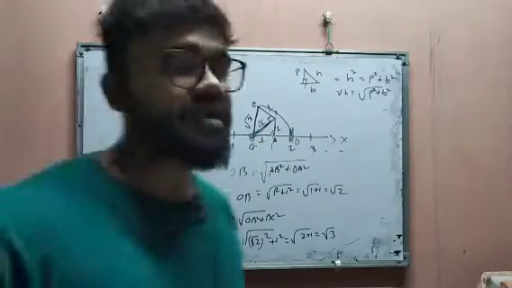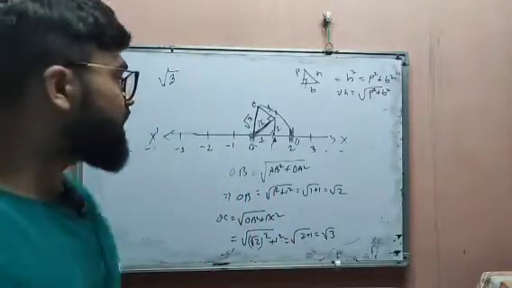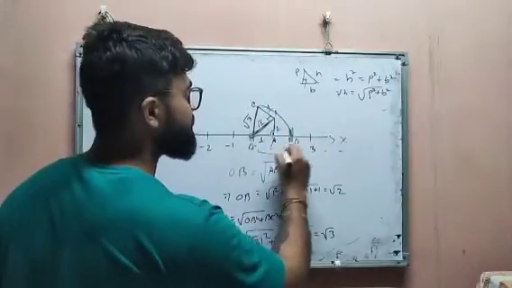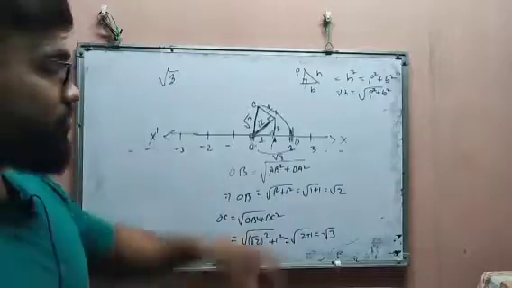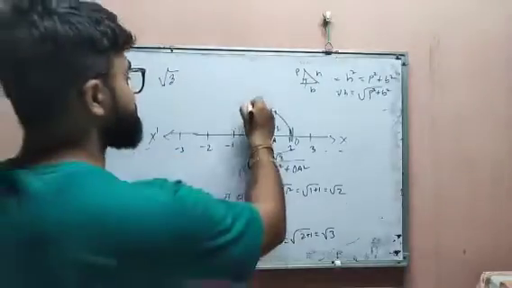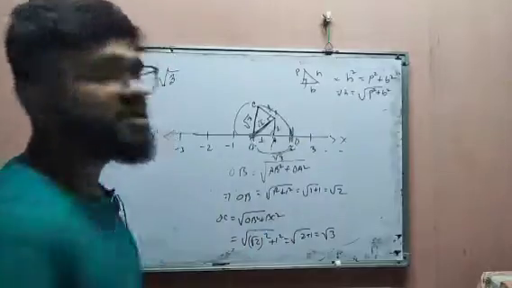Now a question may come up. Maybe someone will ask why this is equal to √3. We proved that this one is root over 3, but now you are saying that this is equal to root over 3. Why?